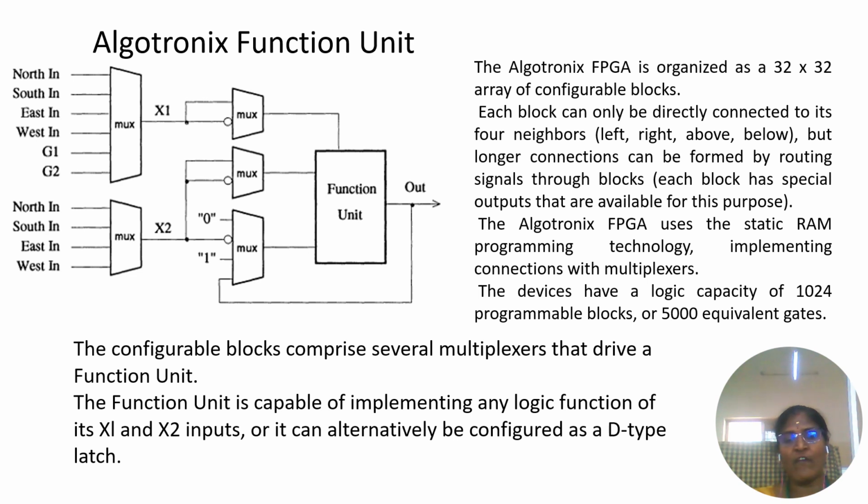The devices have a large capacity of 1024 programmable blocks, or 5000 equivalent gates. The configurable logic block comprises several multiplexers that drive a function unit. The function unit is capable of implementing any logic function of its x1 and x2 inputs, or it can alternatively be configured as a D latch.